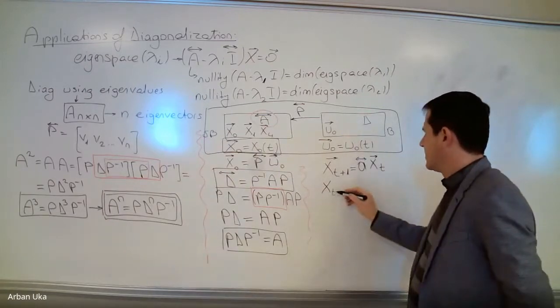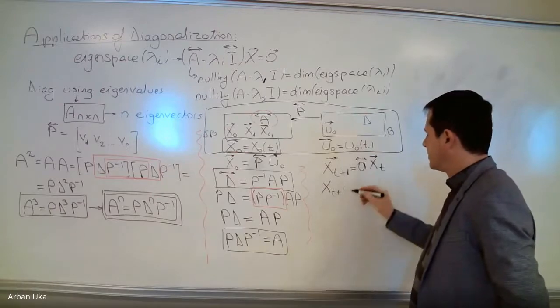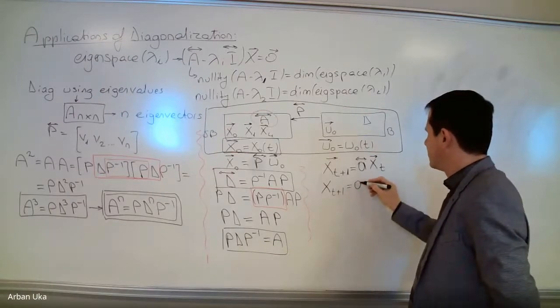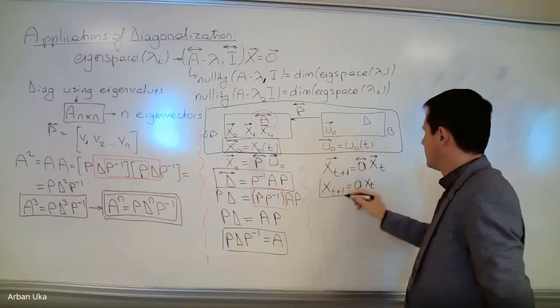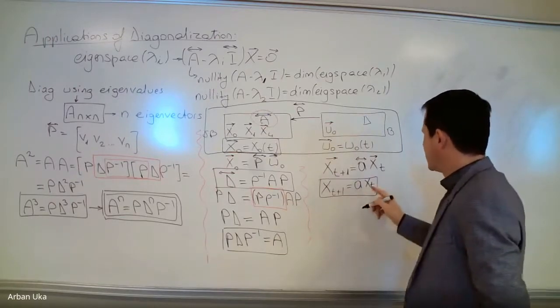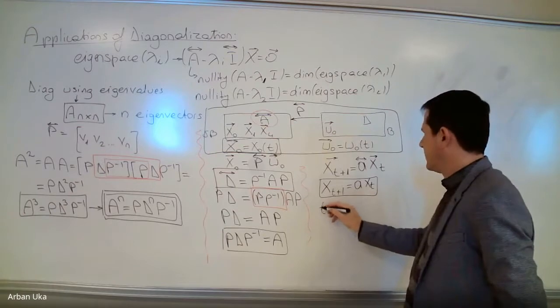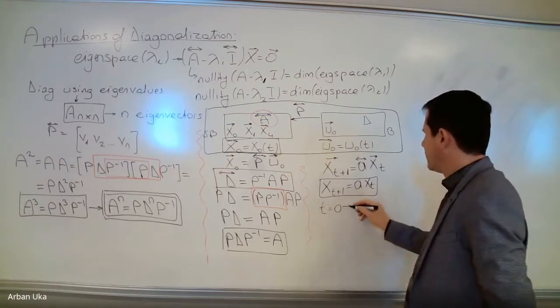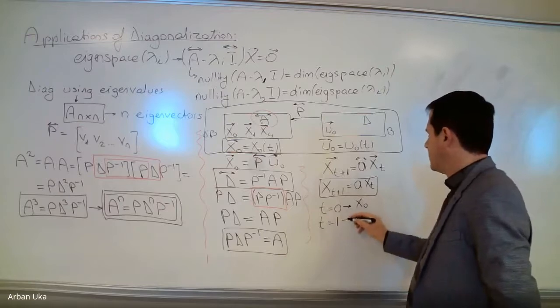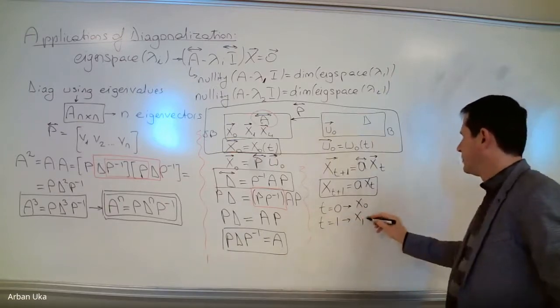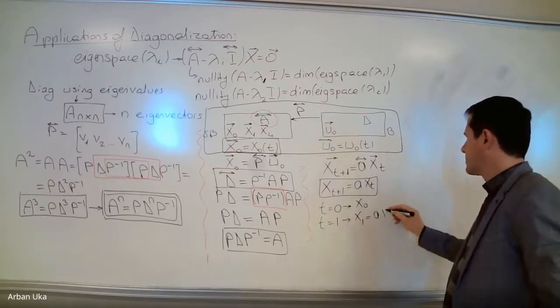So there is a relationship between any two subsequent values, A and xt. If we are given x for t equal to 0, we might be given x0. For t equal to 1, x1 will be equal to A x0.